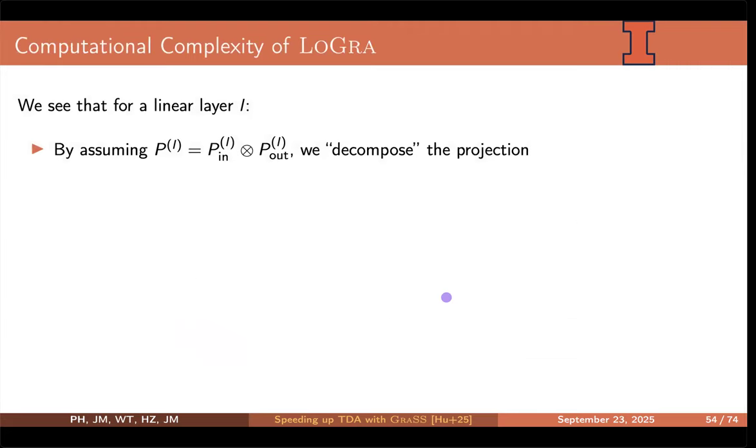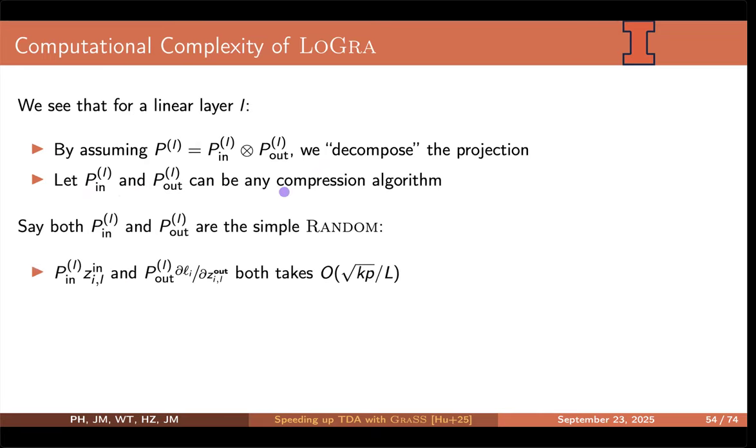Okay, so we set up for linear layer L by assuming the compression can be factorized or decomposed, and they can basically do this sort of factorized version of compression. In particular, their compression algorithm can be any compression algorithm, right? So they consider the simplest compression algorithm, which is random.